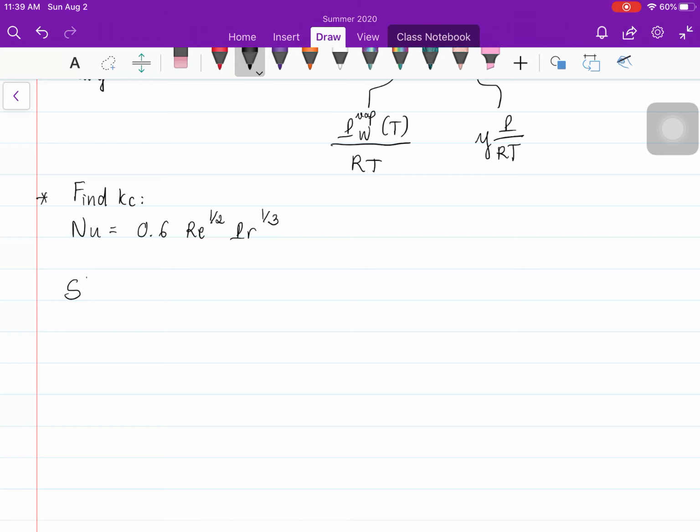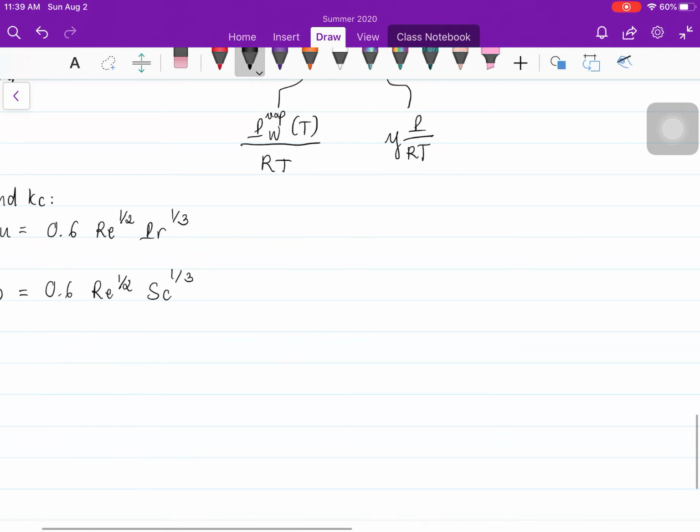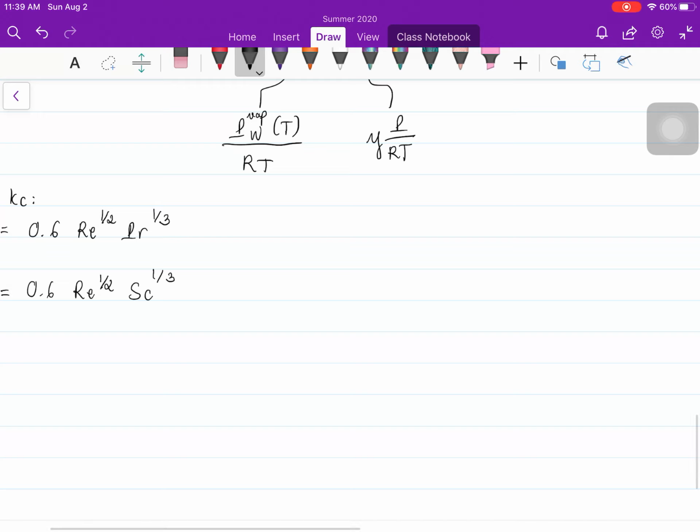Therefore, we would have Sherwood number equal to 1.6 times Reynolds number to the 1/2 times Schmidt number to the 1/3. I would take the second equation divided by the first equation, and I also have the heat mass transfer analysis here.